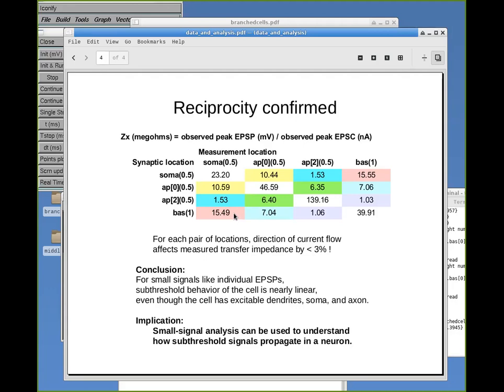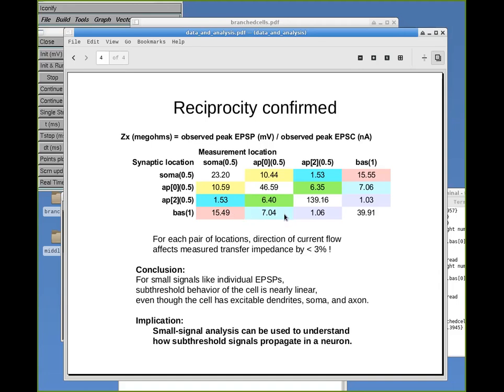And again, remember, I'm measuring the peak amplitude of a complicated waveform, so it's an impedance, not just a resistance. Between the basilar and the soma, it's within about 1%.